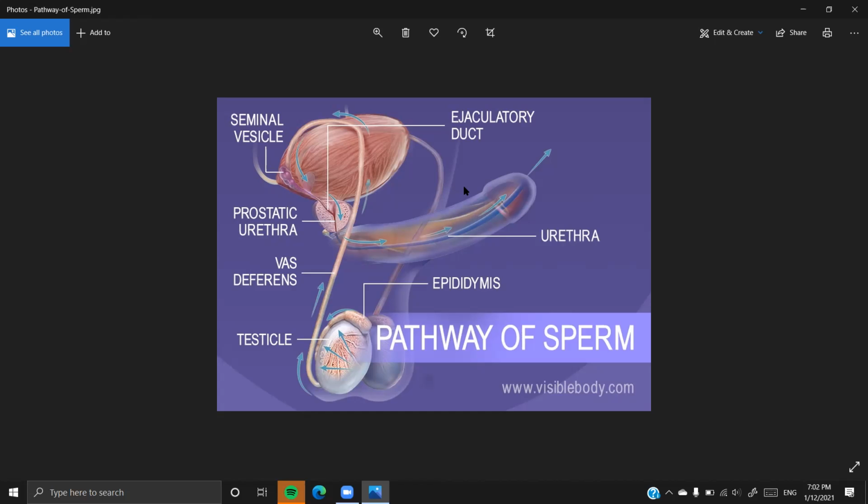I'll be teaching it to you point-wise so that it is helpful from your examination point of view. But do remember, children, the pair of seminal vesicles, the prostate gland, and the bulbourethral glands, which secrete the semen, I have covered in a separate video called accessory glands. They too come under the internal genitalia, but we cover them as accessory glands.